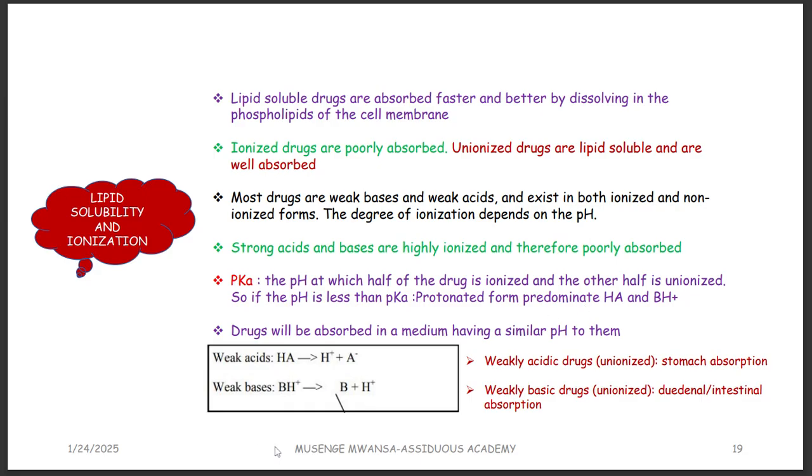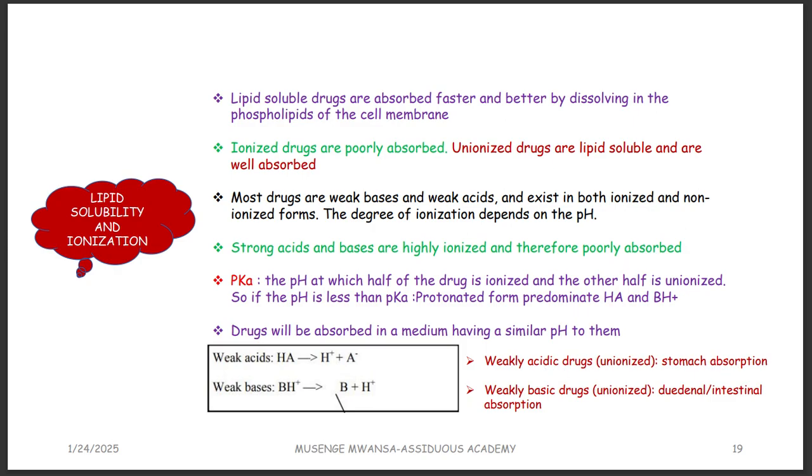Same way with the base. So the main thing I want to take note of here is that weakly acidic drugs, which are unionized, have their absorption in the stomach. Weakly acidic drugs. Why is this?